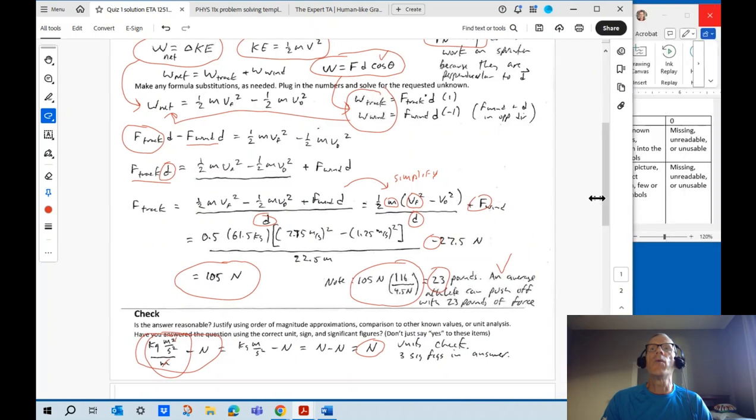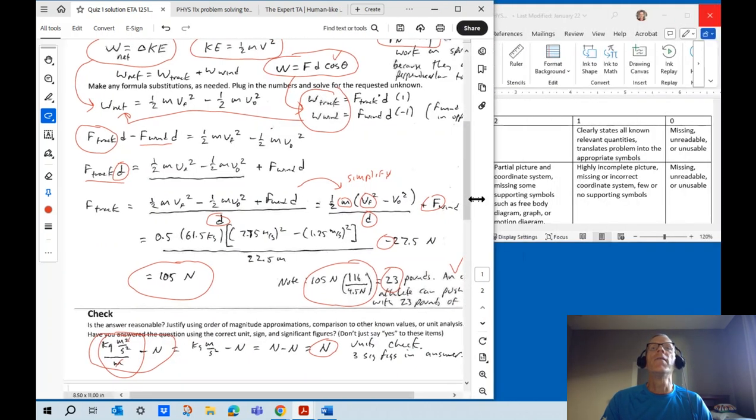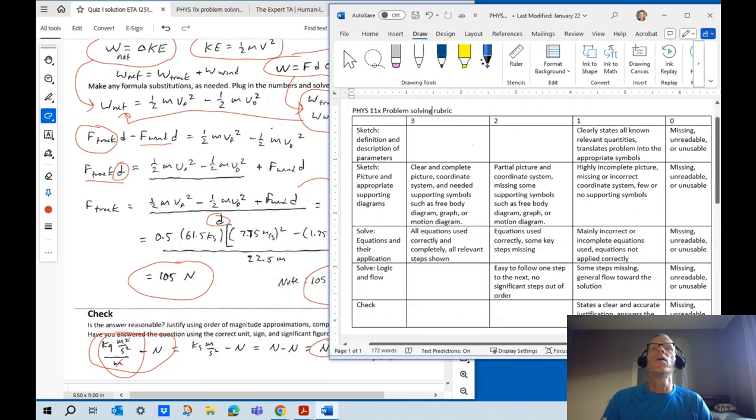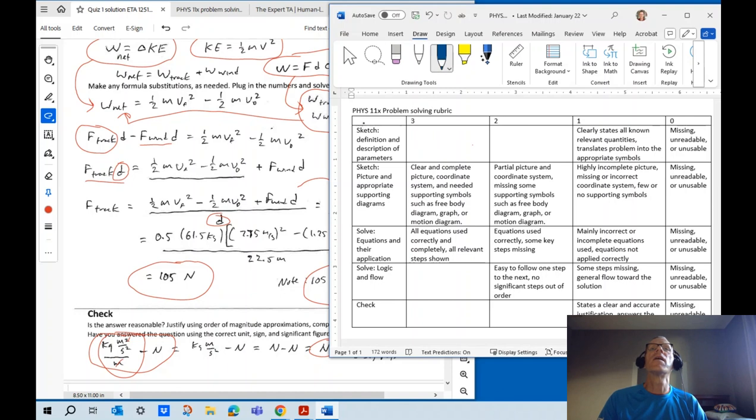Let's compare that with the rubric. So we're going to visit the problem-solving rubric. The sketch has 2 parts. So first off, the parameters, so labeling the parameters. That's not a super difficult task, so that can be worth up to 1 point. So clearly stating all the knowns and translating them into proper symbols.